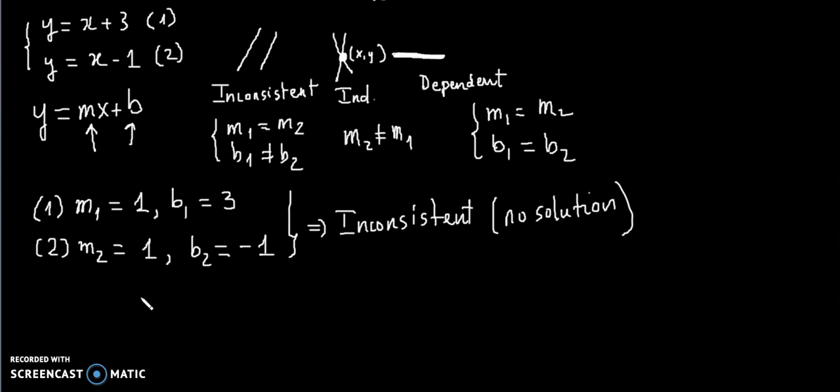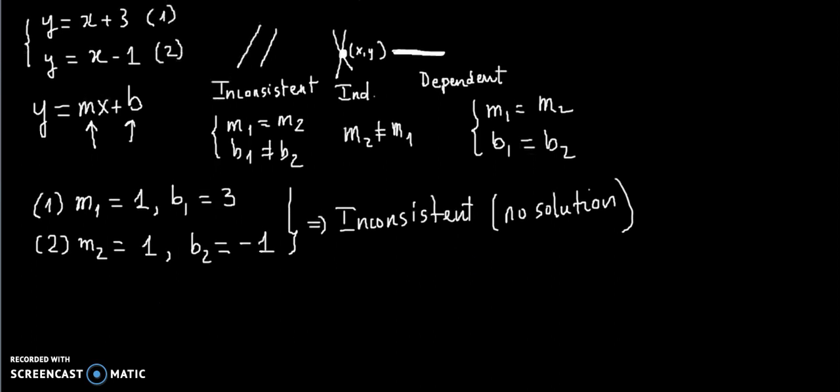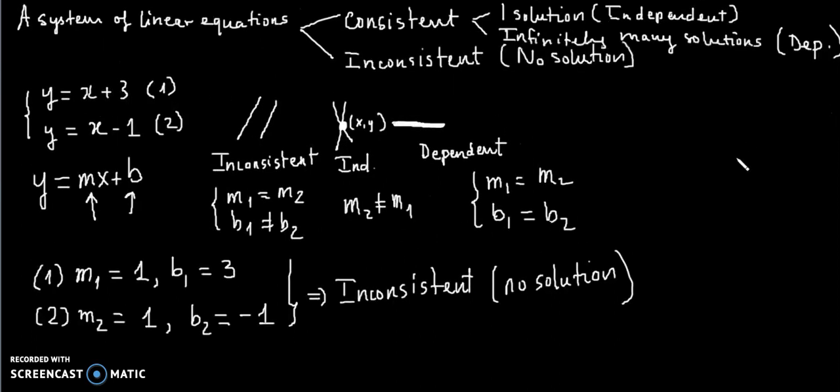The last time we studied how to graph this, so let's graph this, because we will later study how to solve this by substitution and elimination. Let's graph the first equation, y equals x plus 3.